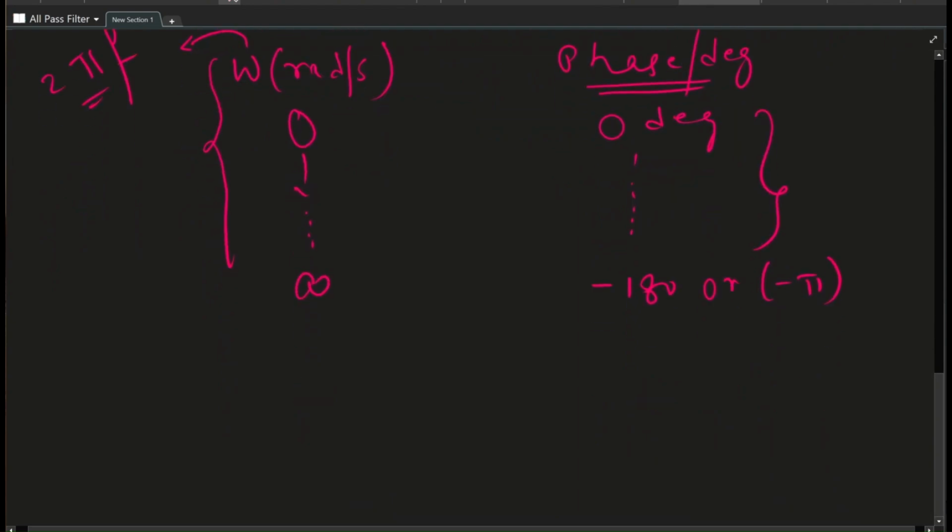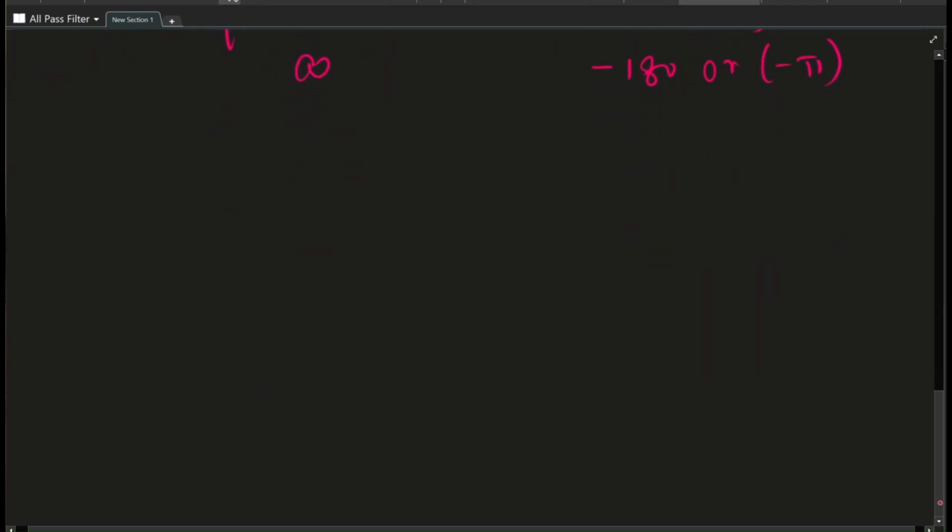So in summary, if we have a filter like this, whose transfer function can be defined like this, my numerator is j omega minus a, and my denominator is j omega plus a.